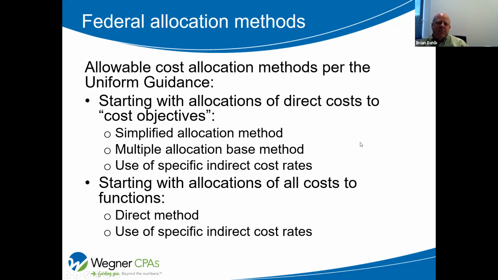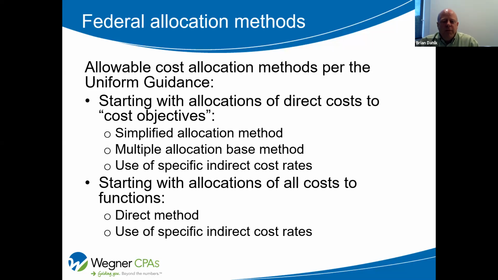For federal allocation methods, there are a couple basic starting points for methods that are allowed by the government. Some of the methods start with assigning the direct costs into particular cost objectives, and then allocating indirect costs to those cost objectives. And we'll get to these in just a little bit.